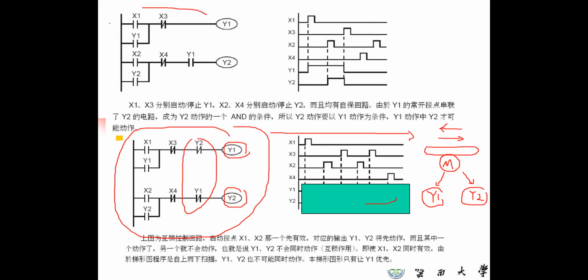And what does this mean? It means two motors in a series. This one is the first order, and this is the second order.